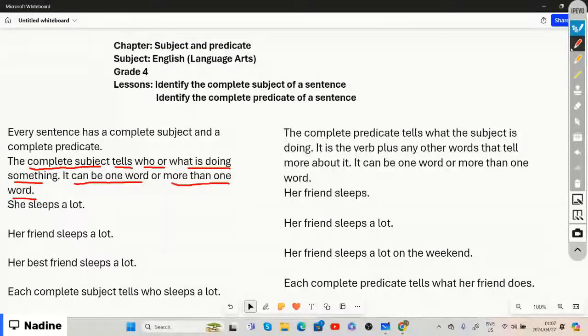And an example, right, is where we say she sleeps a lot. So now the question is who sleeps a lot? Because remember they said that with the complete subject, it tells us who or what is doing something. So she sleeps a lot. So it's like us asking ourselves, who sleeps a lot?